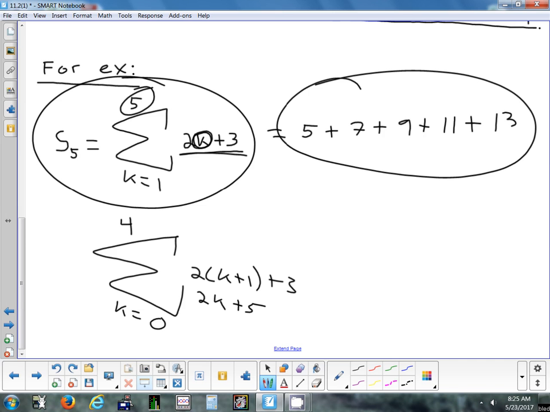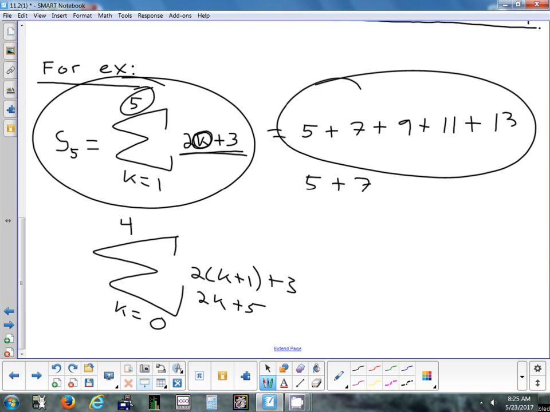Now watch what happens if you plug in 0. And let's write down what we get. What's 2 times 0? 0. Plus 5? There's the 5. It's the same term we started with before. If you let k equal 1, 2 times 1 is 2. 2 plus 5, 7. There's your second term. So we just created a new formula that starts at 0 and goes to 4, but it's exactly the same thing.